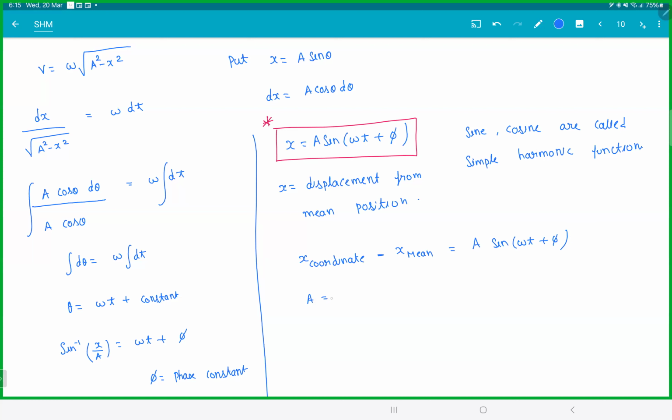Here a is your amplitude. Omega is called angular frequency. We will talk about that also, where omega is given by 2 pi by T or 2 pi f. And phi is the phase constant. Basically, it tells us where the particle is at t equal to 0.